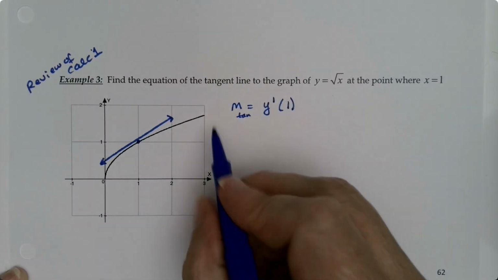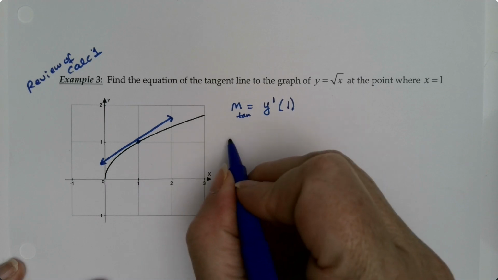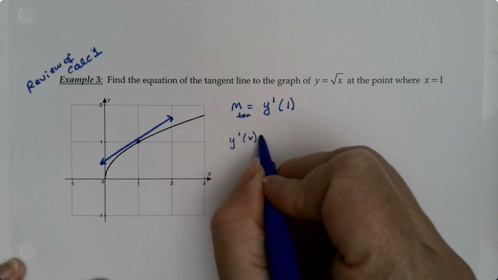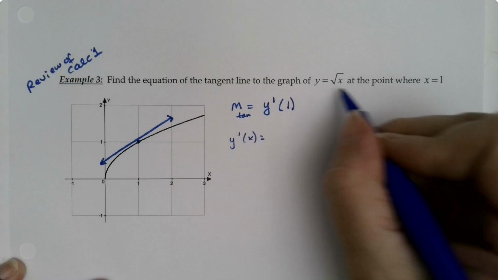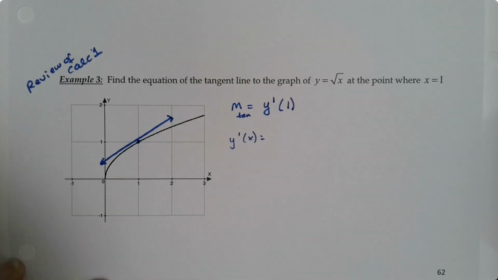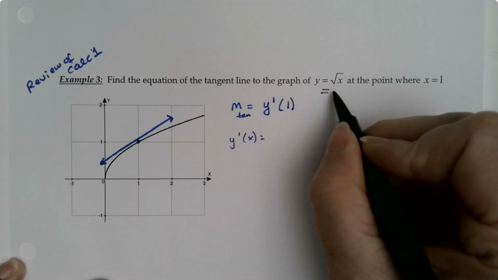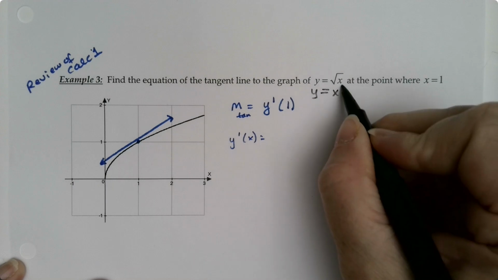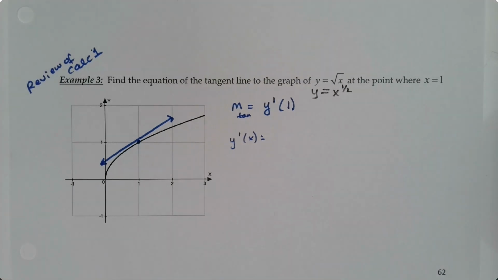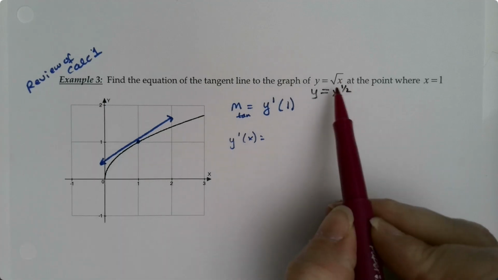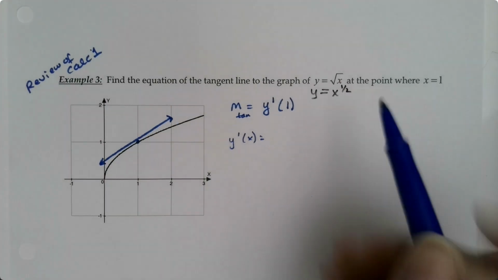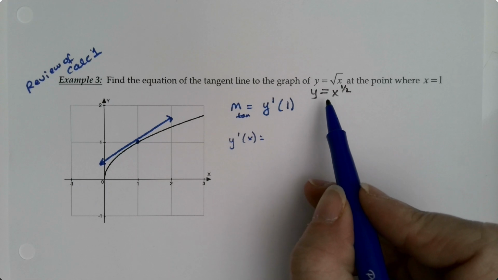Okay, so for my first mission, I'm going to find the derivative of y. Now, y is equal to, you'll note, x to the 1/2 power. We learn in Calculus 1 that we don't actually like writing square roots. It's way more useful to us to write them as a power because it makes the derivatives and the integrals easier.